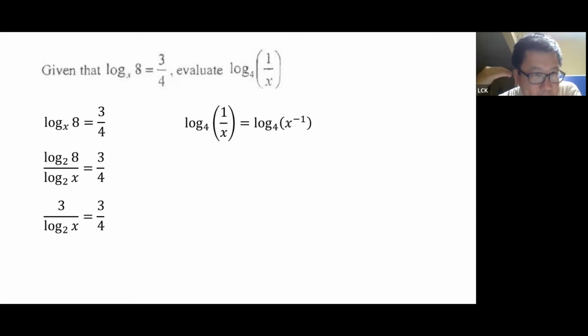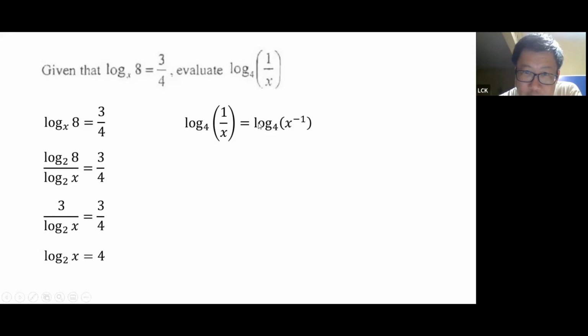So you see I'm doing quite a lot of things mentally. When I bring 3 down, log 2 is 1, so that equals 3. And from all this, I can get the value of log base 2 of x, which equals 4.